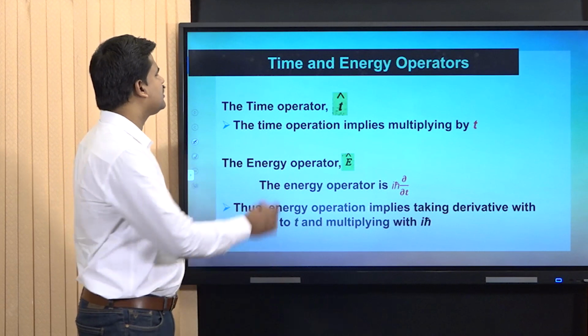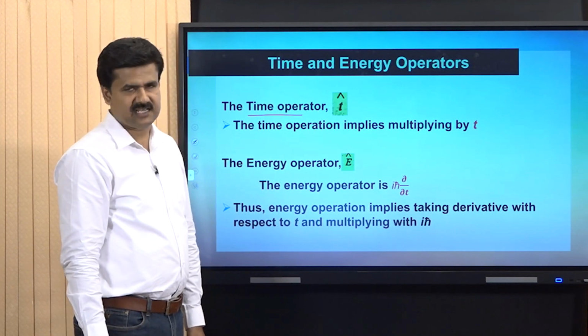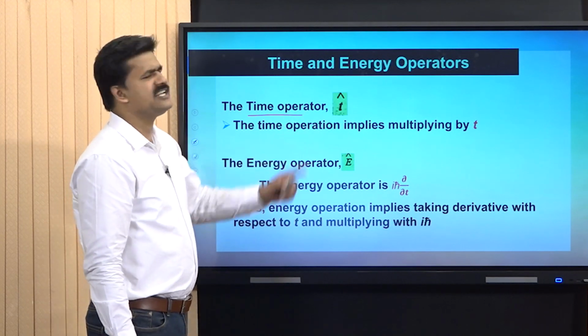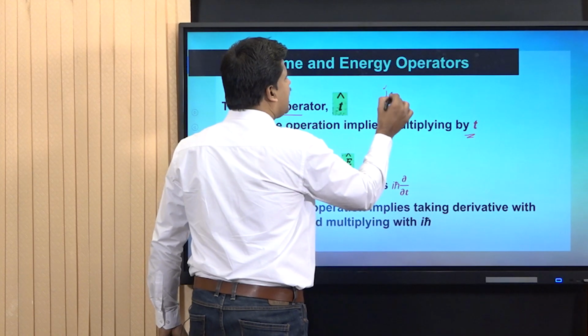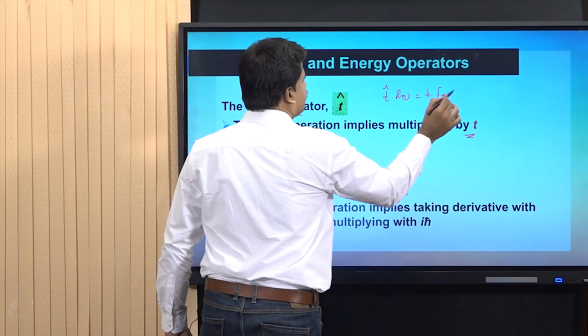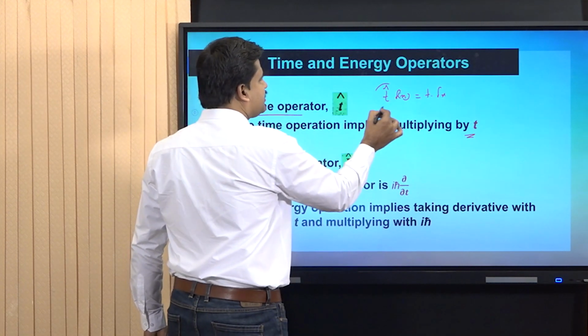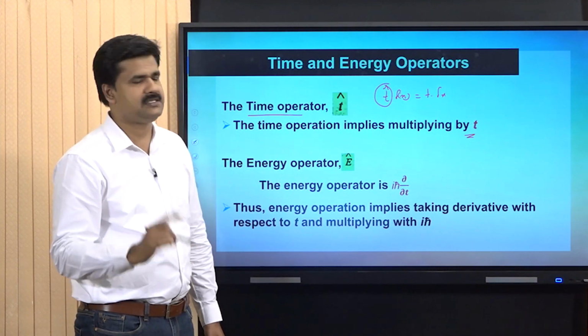First of all, the time operator, that corresponds to the quantity time. Time operator is denoted as T hat. The time operation is simply multiplying by time. That is, T hat of f of x equal to T into f of x.